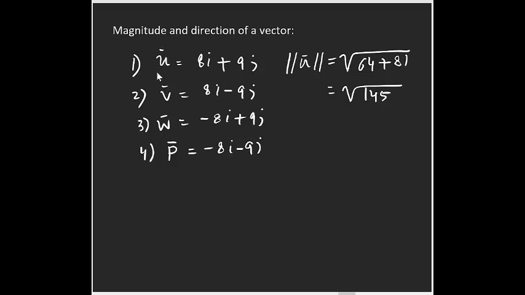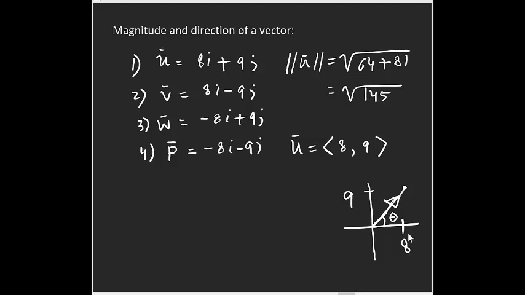So first of all, let me plot this vector number 1. So you can see this is the vector u. So 8 units going on x-axis and 9 units goes on y-axis.